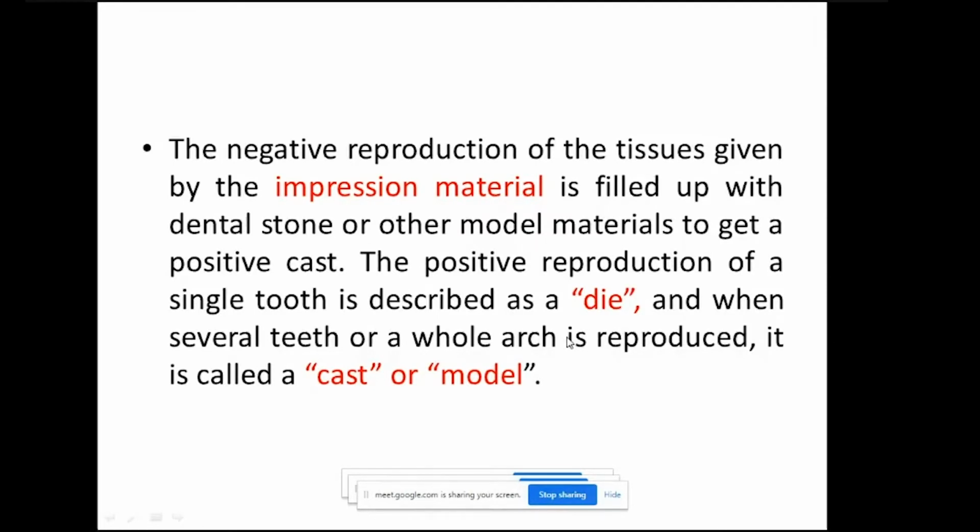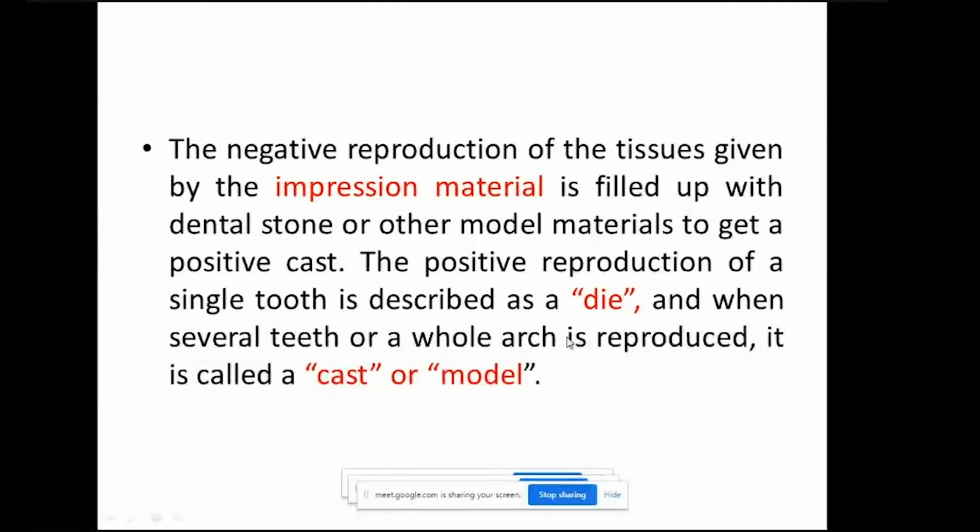While when you need to reproduce a full arch, the cast called model or cast. In simple word, if you need to produce reproductions of single teeth, the cast, you can say this is the die. When you reproduce more than one teeth, the cast called model.